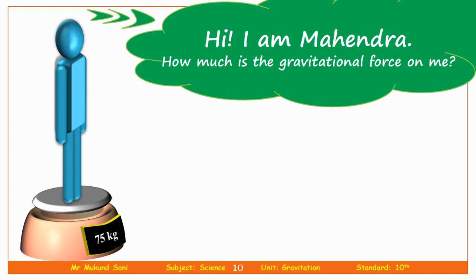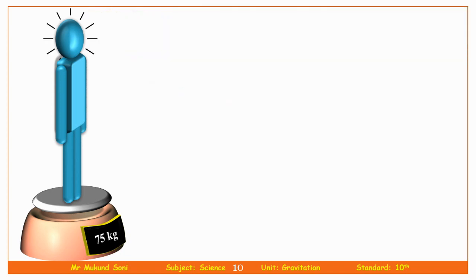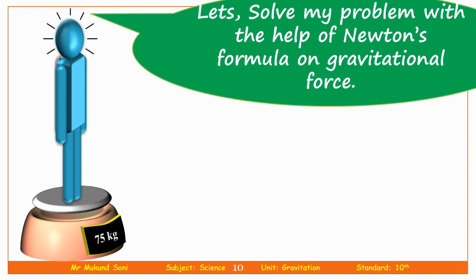His name is Mahendra, and he is interested to find how much the gravitational pull on him is. Oh, he got an idea. Let's solve his problem with the help of Newton's formula on gravitational force. How exactly?